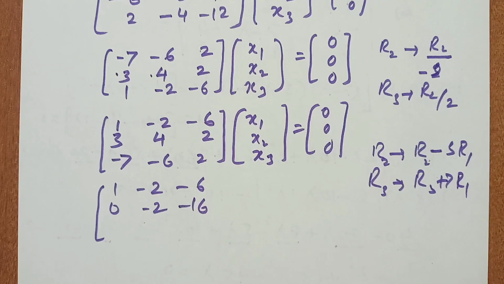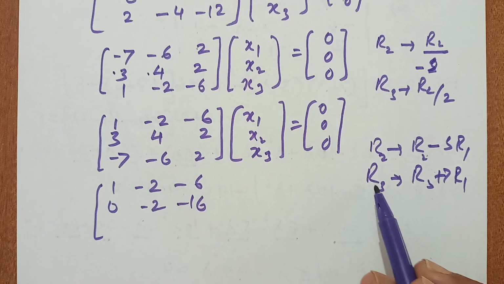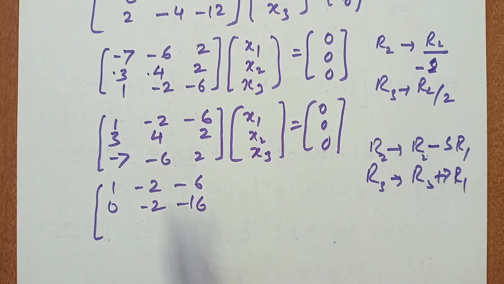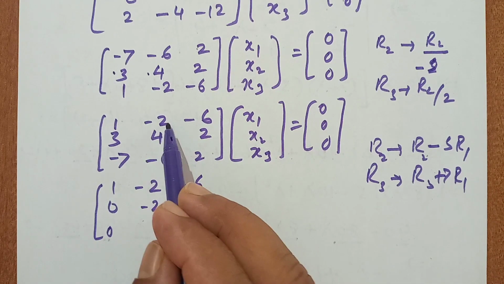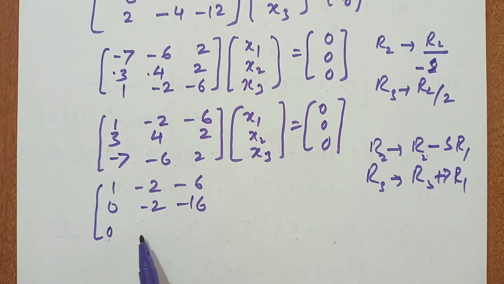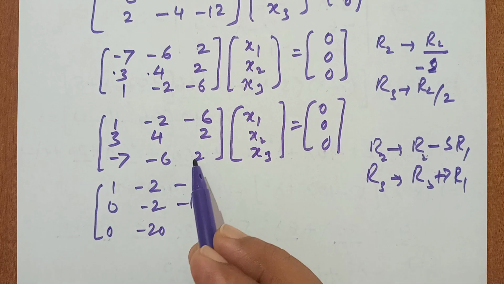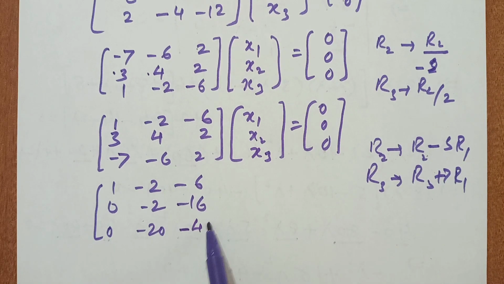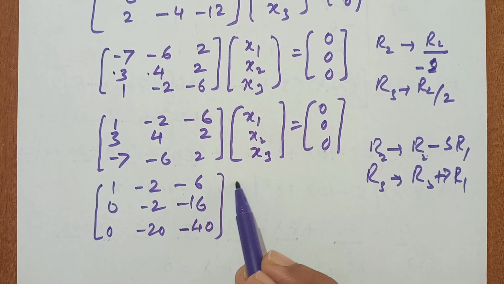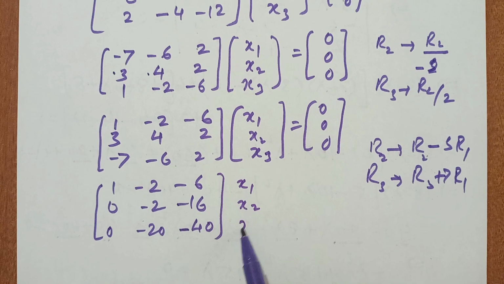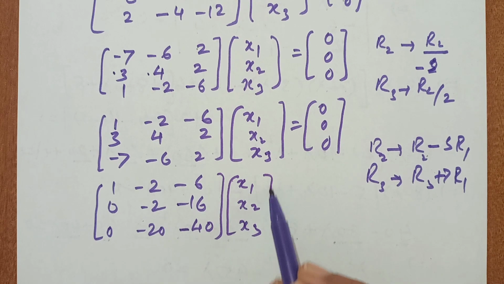And R3 plus 7 R1: 7 minus 7 is 0, minus 14 minus 6 minus 20, 42, and this minus 40. So this is x1 x2 x3.